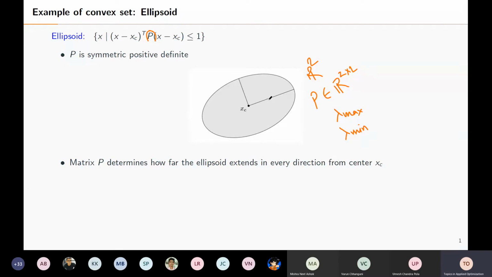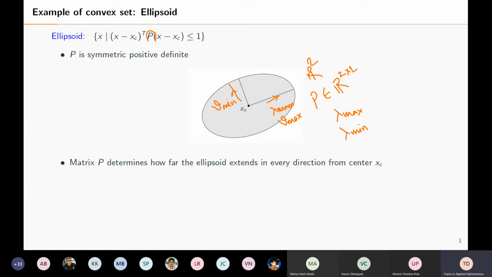Lambda max will point in this direction. I mean, not the eigenvalue, but let us say the eigenvector V max. And V min will point in this direction. This is something we saw in the last class.